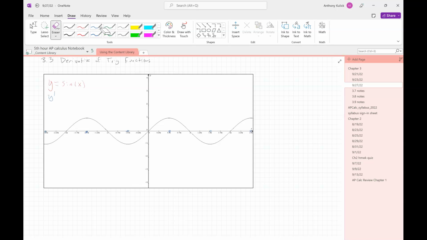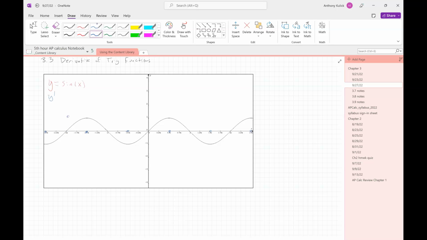Everybody happy with that? Now let's look at this spot here. Is the slope there positive or negative? Positive. And what does the slope look like it's approximately at that point? It looks like a slope of 1, right?